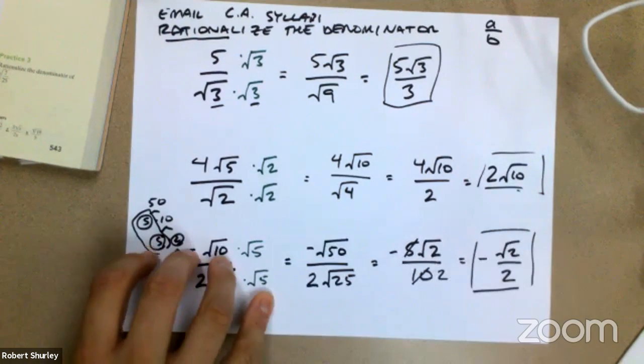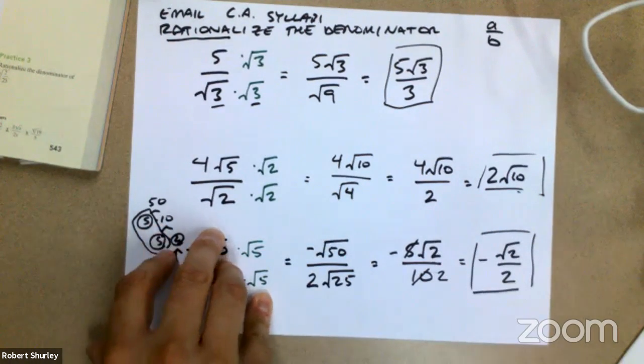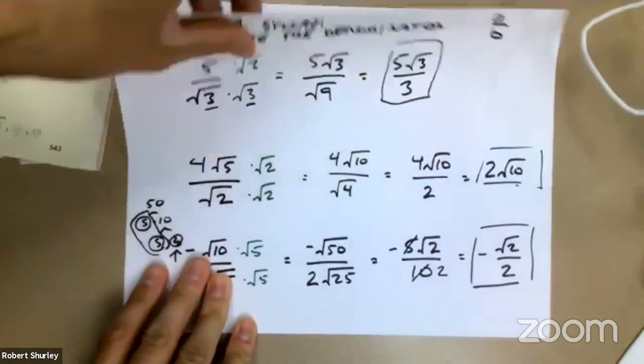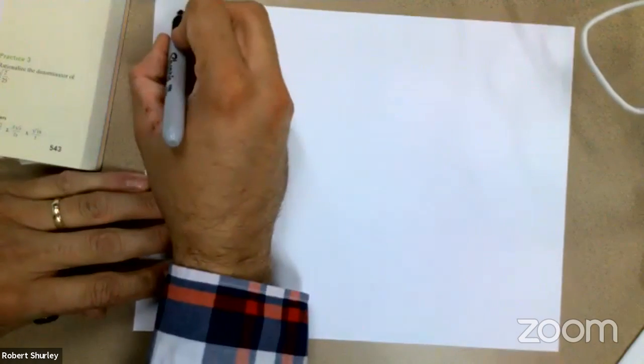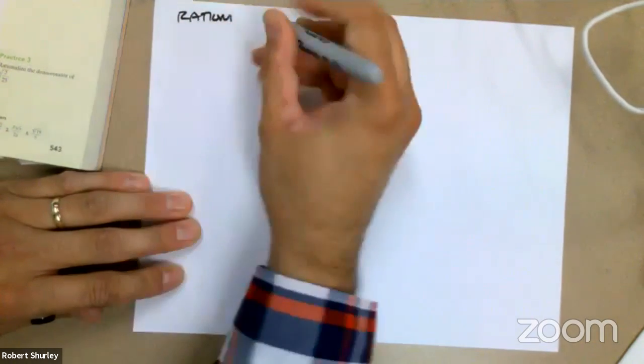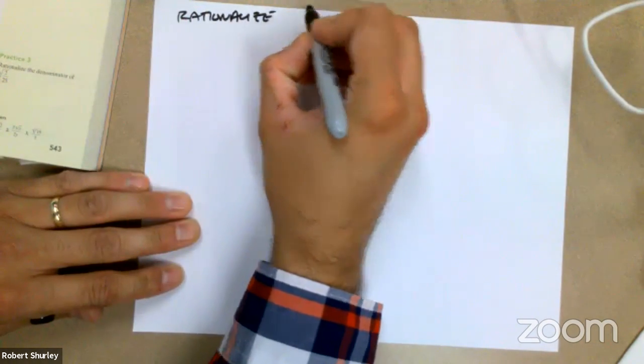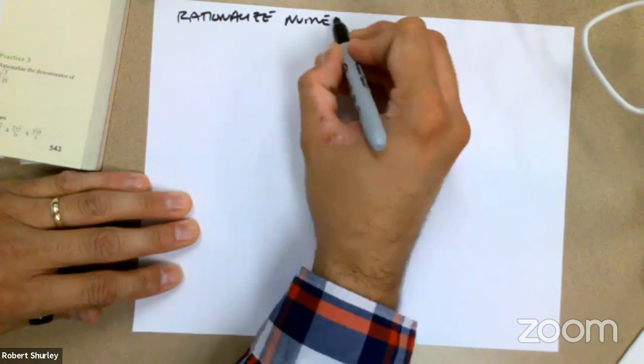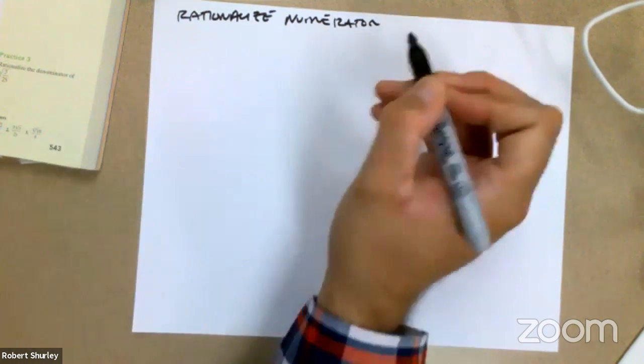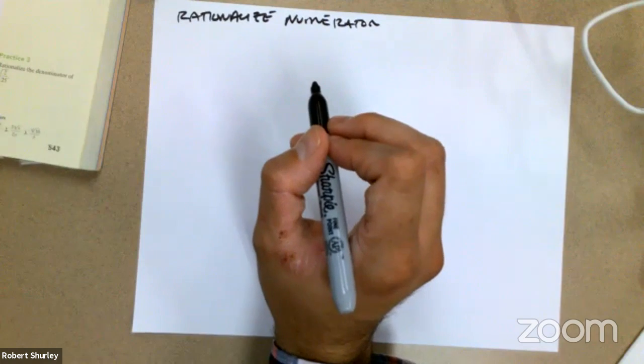Okay, so let's do one where they change it a little bit and say, well, I want to rationalize the numerator. Let's see if I can steal one from the book here.